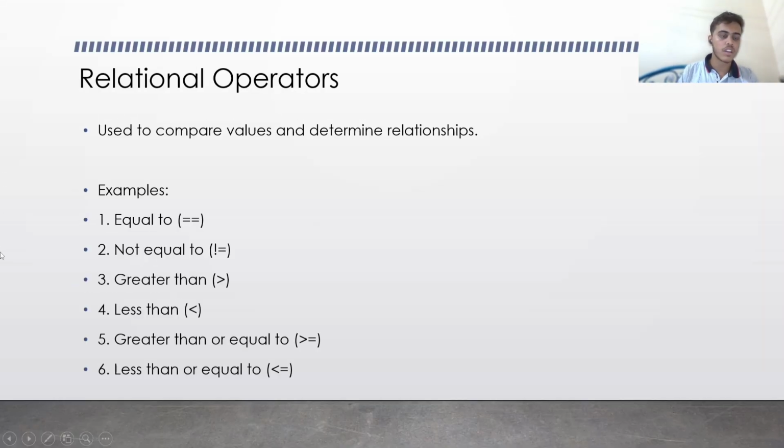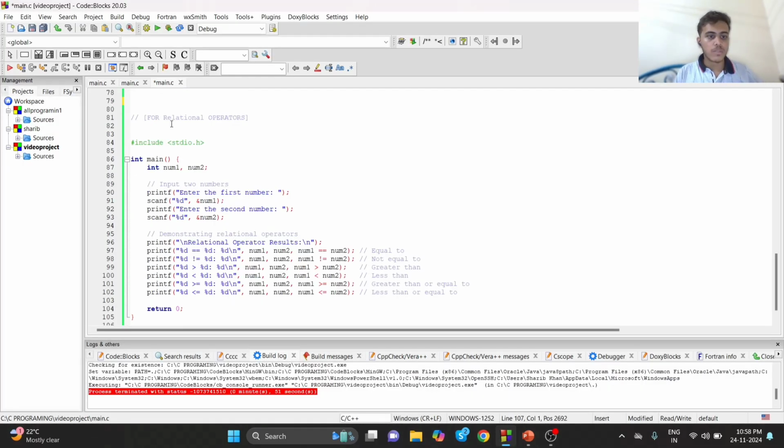Next, relational operators. They are used to compare values and determine relationships between two values. For example, equal to, where in programming languages we use double equals, not equal to, greater than, less than, greater than or equal to, and less than or equal to. Let's check the program for it. Here's the program.